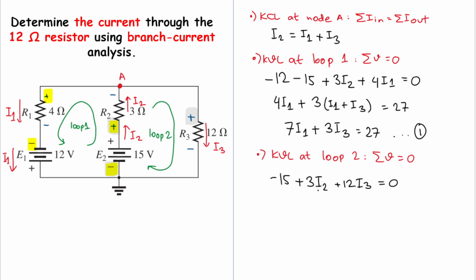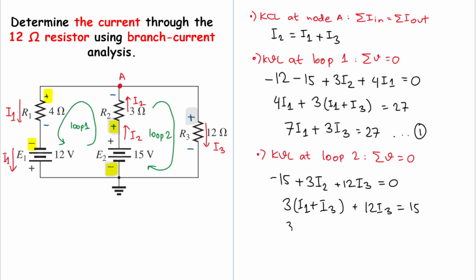Okay, but we have 3I2 here. Let's plug this into this. So we will have 3 times I1 plus I3. And then plus, we will have 12I3 here, and that will equal to 15. Good.